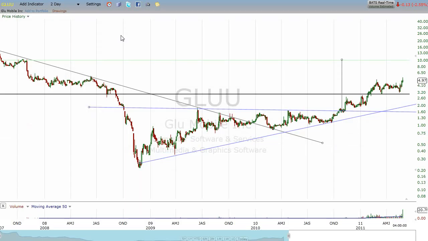Well, first off, let's describe what the difference is. An arithmetic chart, and follow this as closely as you can, shows a $1 gain, no matter where that gain takes place, as the same vertical distance on the chart.